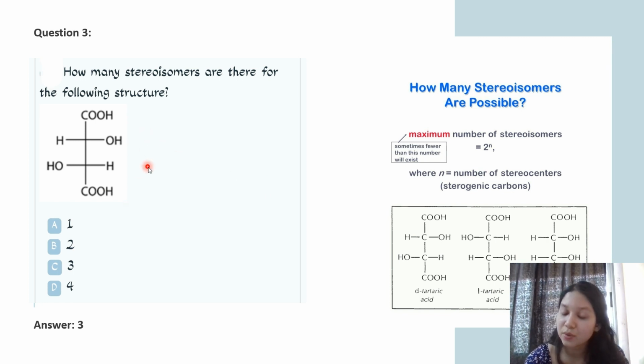I hope this is clear that the third and the fourth structure are identical because they are interconvertible by a C2 axis of symmetry, that is by rotation of 180 degrees along an axis. So the answer will be C, that is 3 non-identical stereoisomers are present.